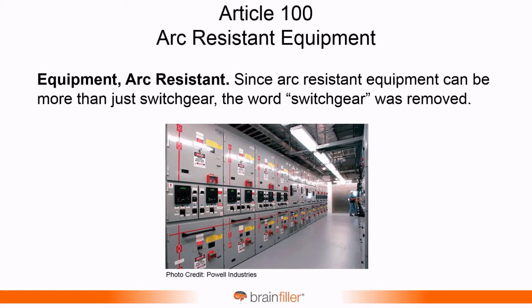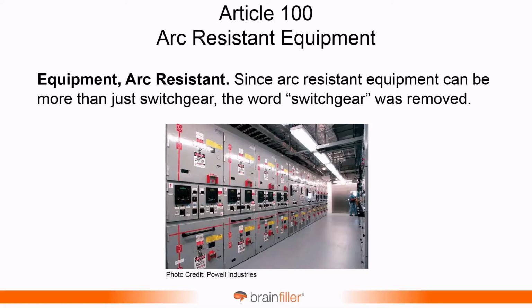We also have the term arc-resistant switchgear being changed to arc-resistant equipment. The reason for this is that when this type of construction was first introduced years ago, it was switchgear. But over the years, there's been the introduction of arc-resistant motor control centers and other types of equipment. So it's time to move the focus away from just switchgear and towards arc-resistant equipment.